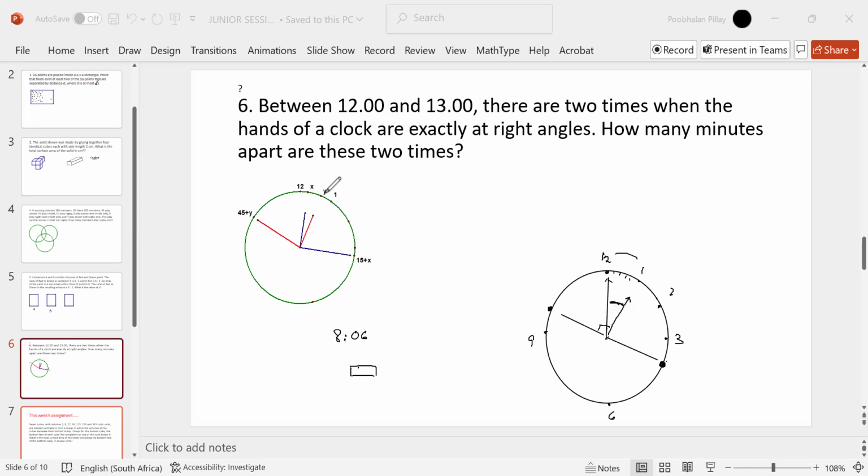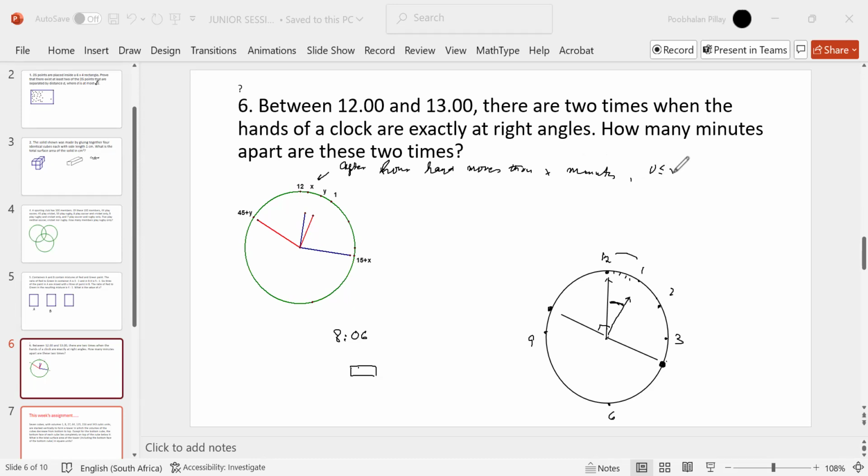So like you see in this picture, we say after the hour hand moves through X minutes. So I'm giving a name to how much the hour hand moves.